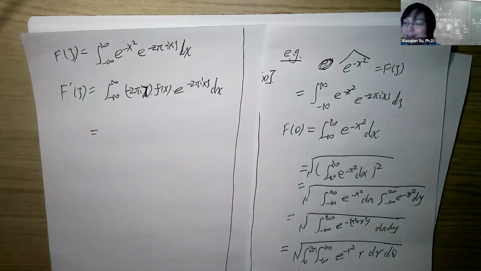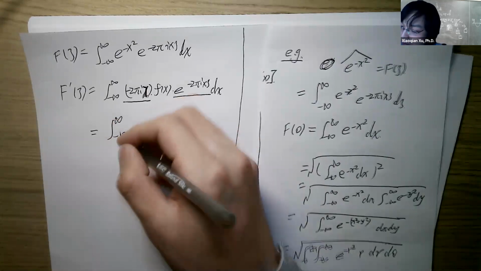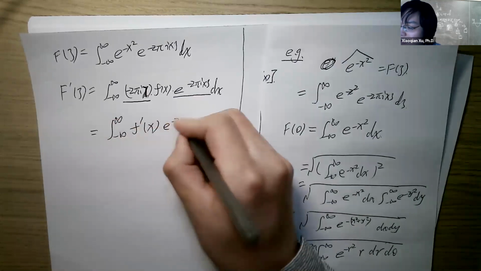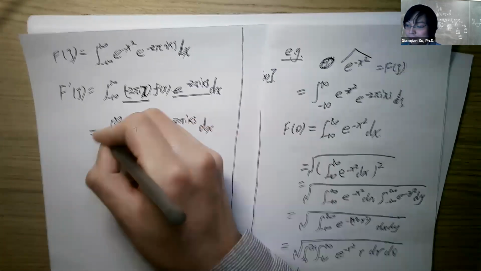But what is it? It's minus 2πix f(x). Well, it actually equals, if you do a change of variable, the integral from minus infinity to infinity of f'(x) e^(-2πixξ) dx, with the i here.